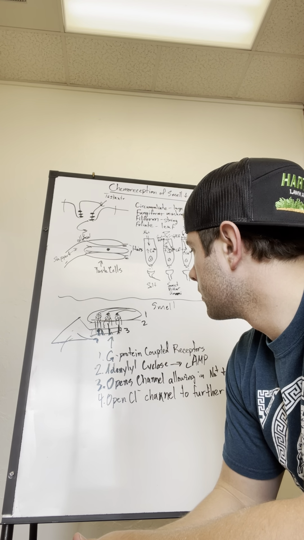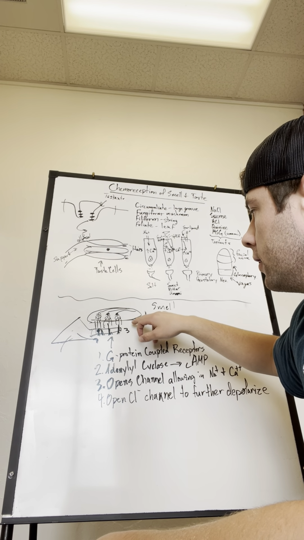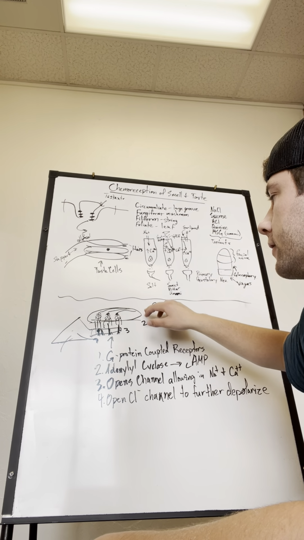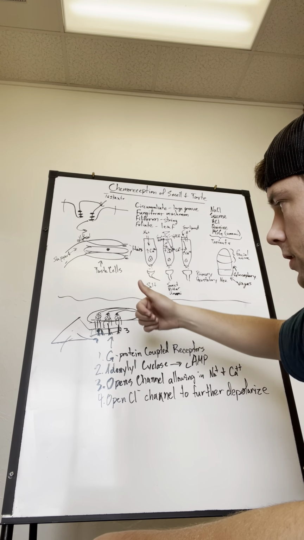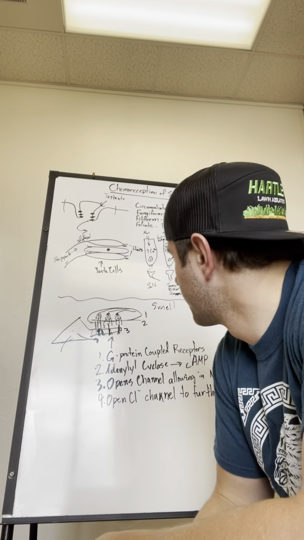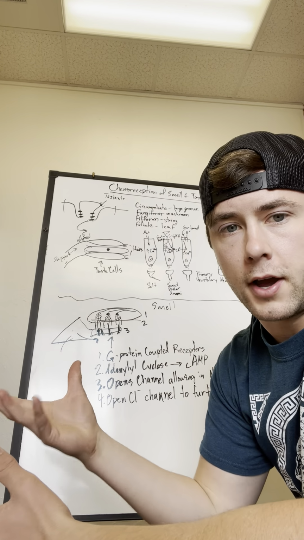So olfactory neurons are housed in your olfactory epithelium, the glomerulus stretches through the bone, and your mitral cells and your glomerulus are housed in that olfactory bulb. So that's kind of the layout or anatomy of the olfactory system.